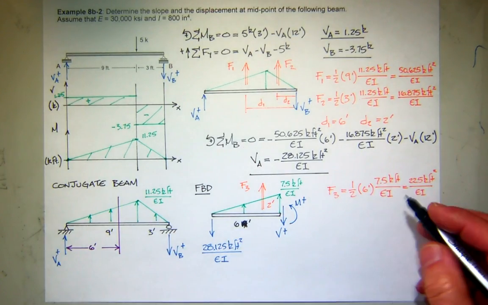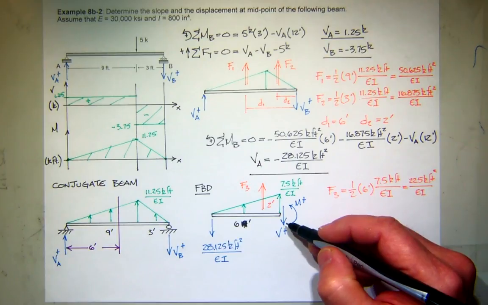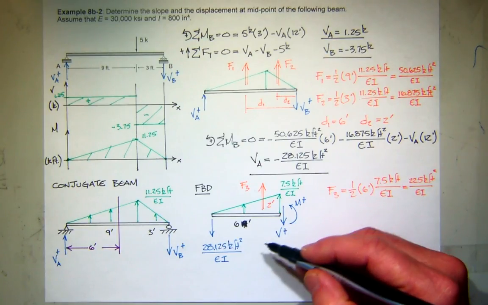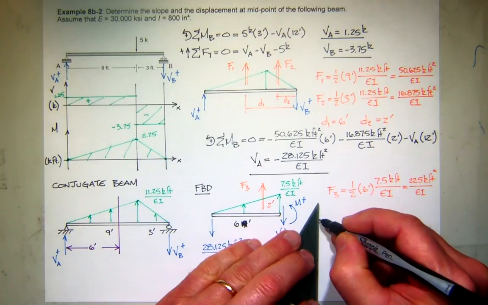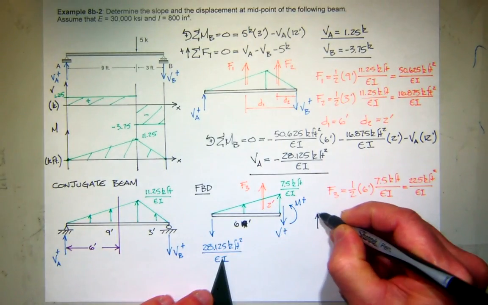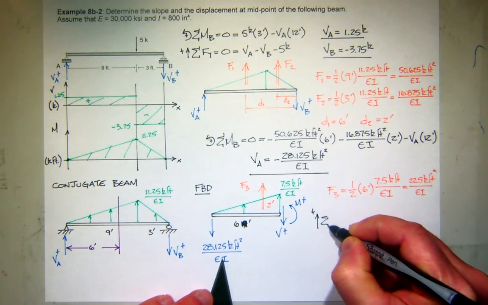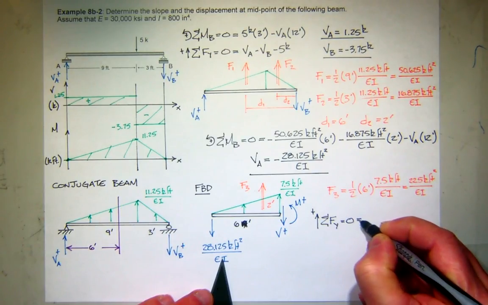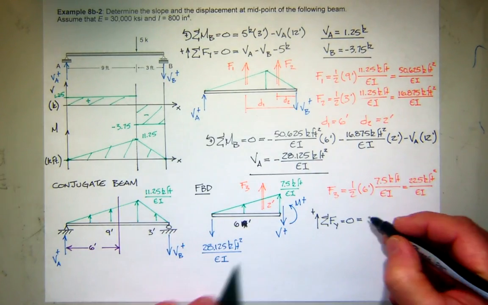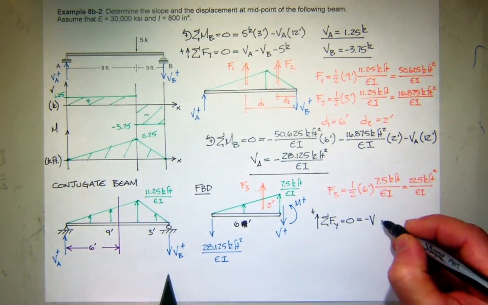One I can squeeze in here pretty easily is to find the shear. To find the shear, I just simply sum forces in the y direction. I might be able to squeeze that in right here. So assuming up as my positive sign convention, I'll sum forces in the y direction. And when I do that, I've got the shear acting down.